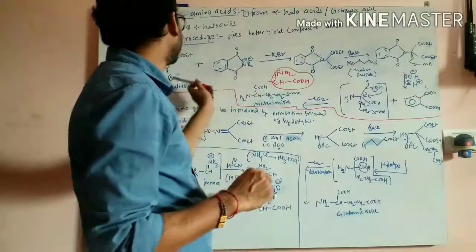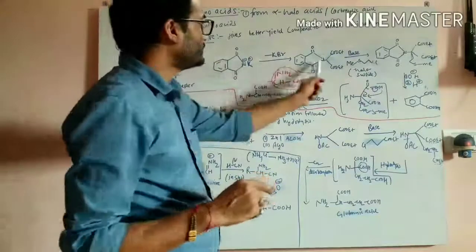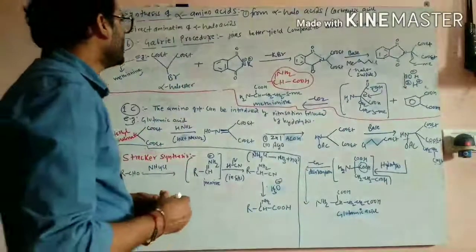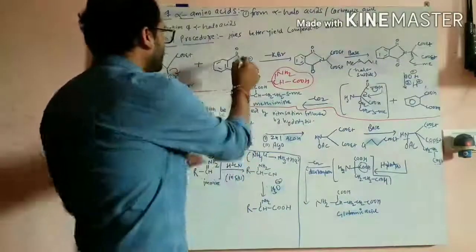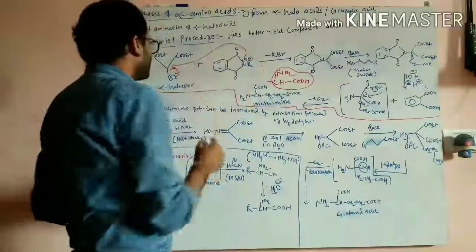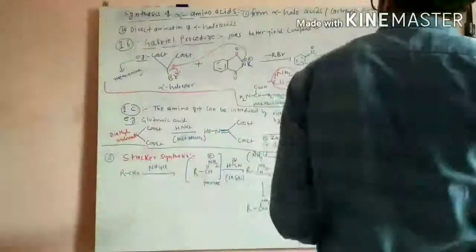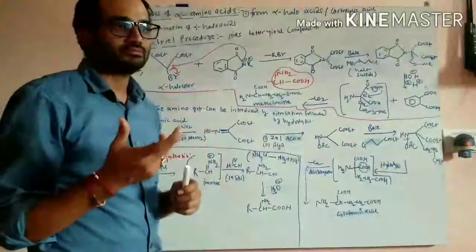The KBr will leave from here, and the nitrogen end attaches over here. A simple reaction. The nucleophile is right there.